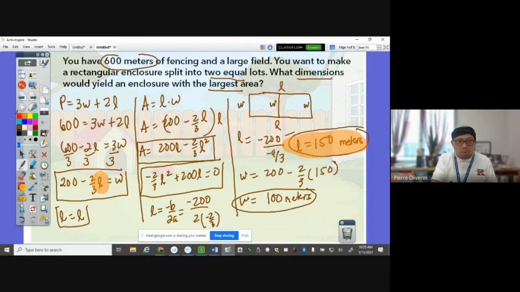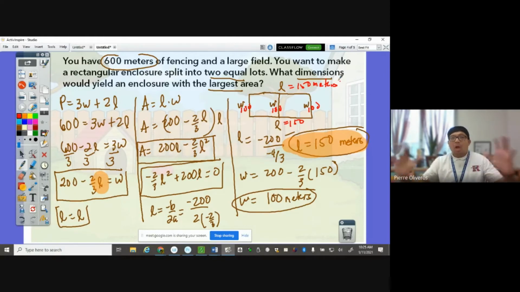So this will be 100, 100, 100, and this will be 150 and 150. They're all meters. So the dimensions will be 100 meters and 150 meters for the entire field. That will give you the maximum area.